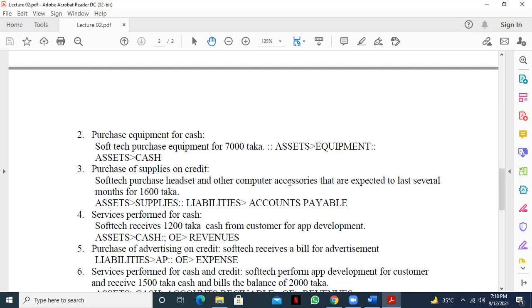So here you purchase equipment for cash, so equipment will increase and cash will decrease. Is it clear? Yes, sir.